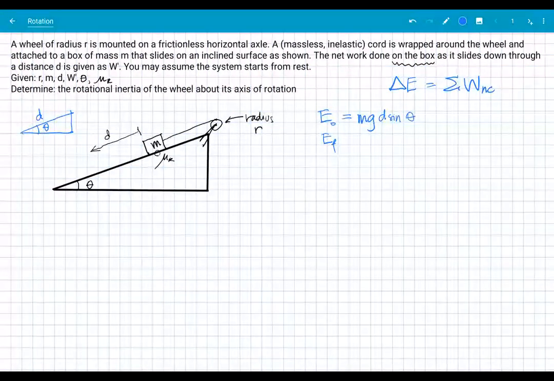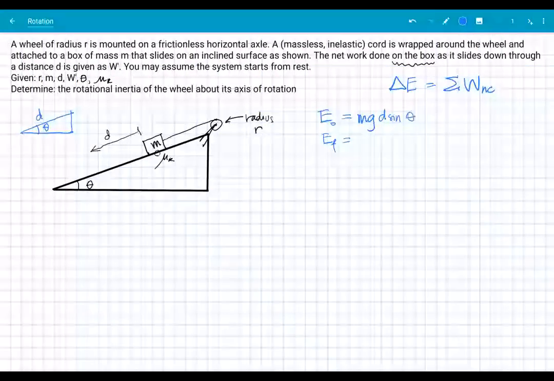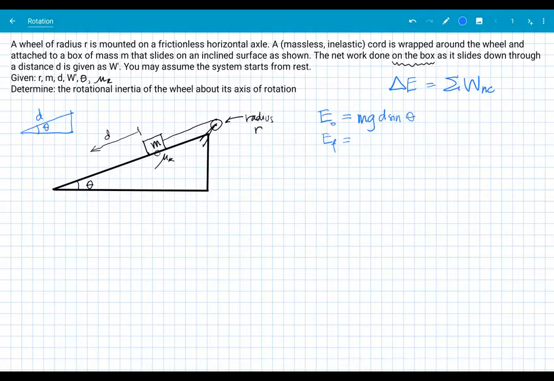And then finally, after I've descended through distance d, the box is in motion and the wheel is turning. So I have my translational kinetic energy of the box, and what I can call my rotational kinetic energy of the pulley wheel. I'll need to keep track of both of those. So for the box, 1/2 m v final squared.